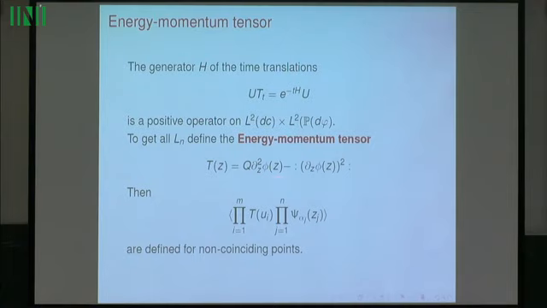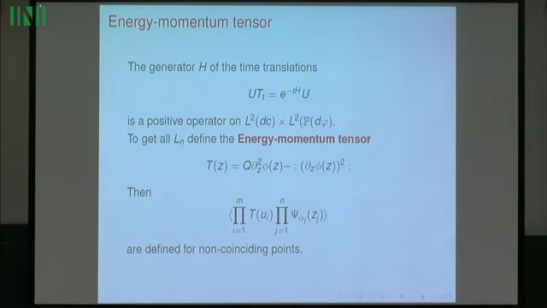But there's a concrete field which is given in terms of our basic field phi, quadratic, and some derivatives involved there. And once you take that and consider correlations of the vertex operators and these products of this T, then these are actually defined and actually completely explicit.